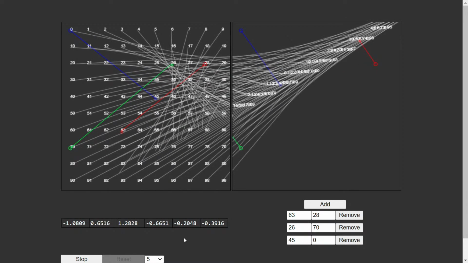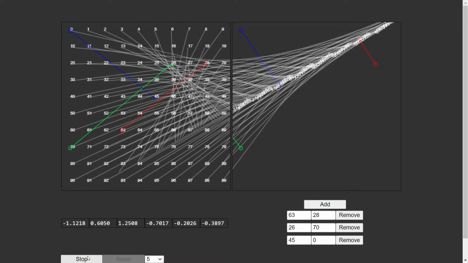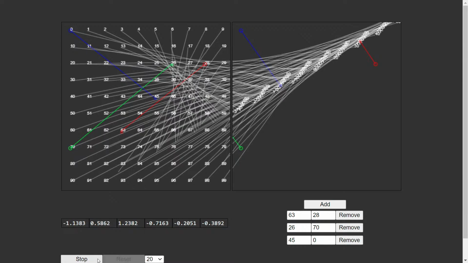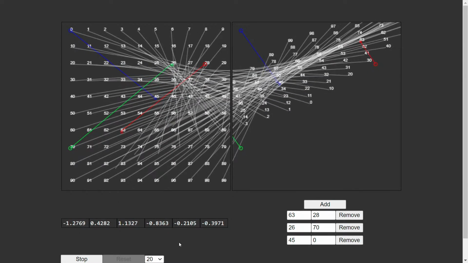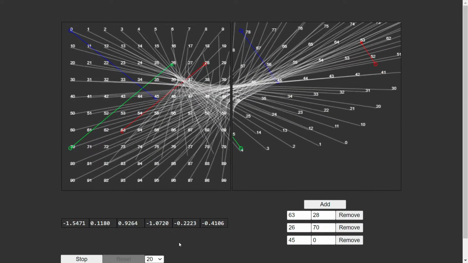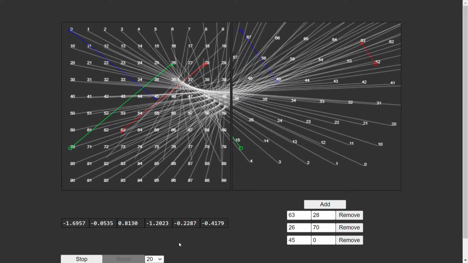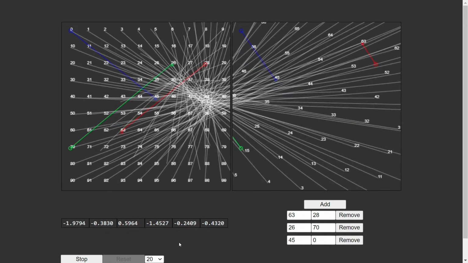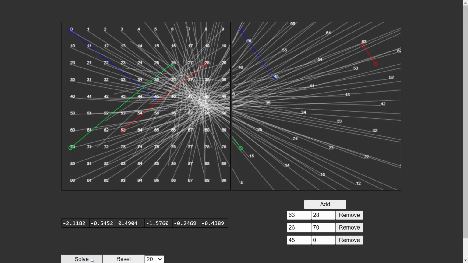Yeah, it seems like my line... Okay, I'm going to turn up the frame rate. Crank it up, boys. Yeah, we just cranked up the frame rate. Is it going to solve? I think I need to crank up the frame rate again.